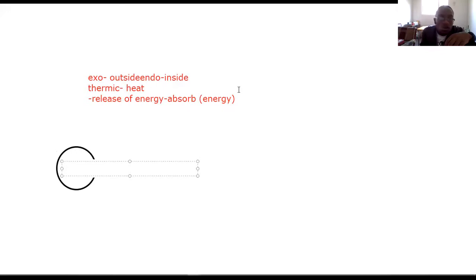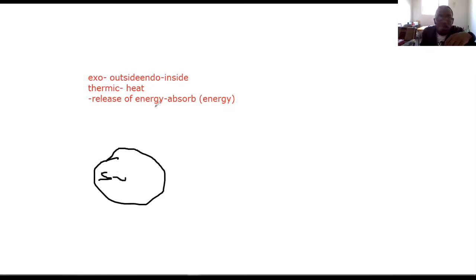So we have what is known as the system. And then what is outside the system is the surroundings. So we have the surroundings outside.